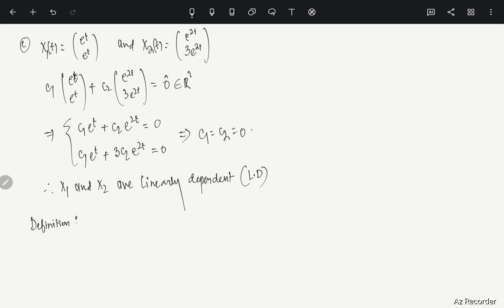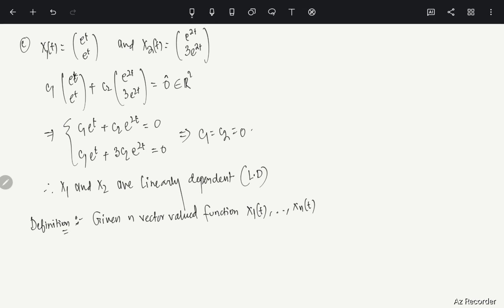Okay, now we define something called a definition. We define a new sort of function which we are going to call a Wronskian function, right? So given, let's say, n vector valued functions, okay, and how is it given? Let's say it is given by x1 of t, ..., xn of t. Clear?